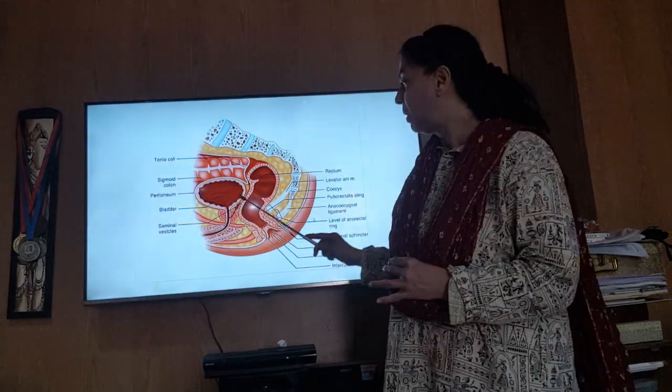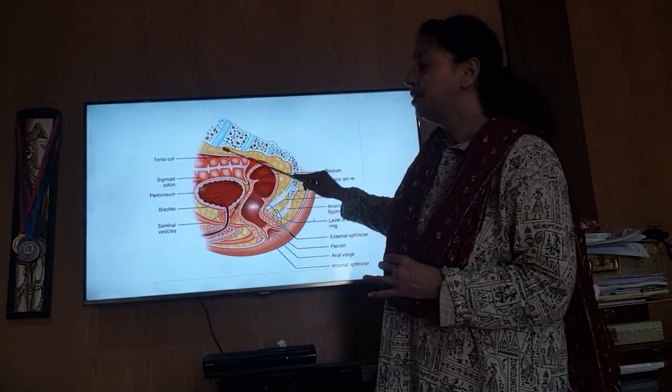So the upper part of rectum will drain along with the inferior mesenteric lymphatics, and they will drain into the inferior mesenteric lymph node, because inferior mesenteric artery is the principal artery of hindgut.